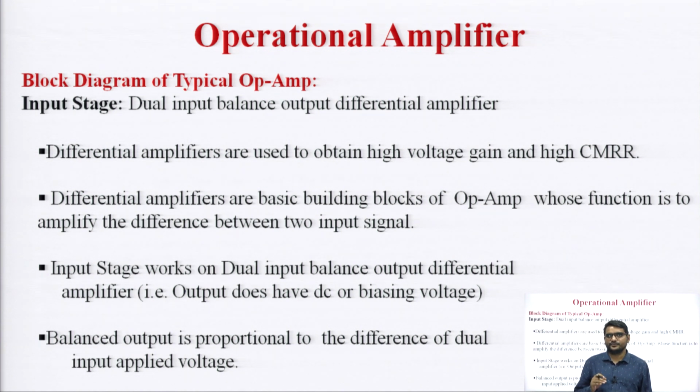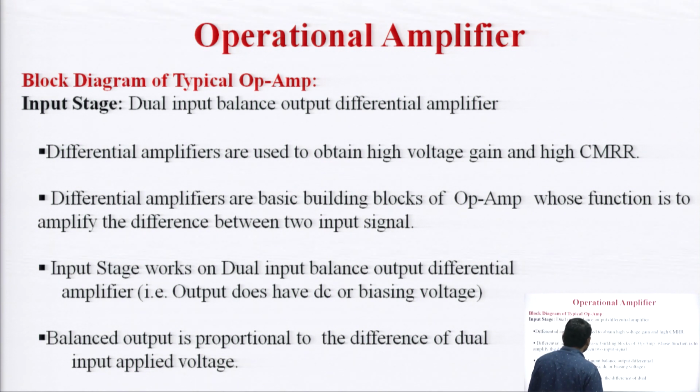The input stage is a dual input balanced output differential amplifier. What is the meaning of balanced? Balanced means the output does not have a DC or biasing voltage. The balanced output is differential, the difference of the two input applied voltages.